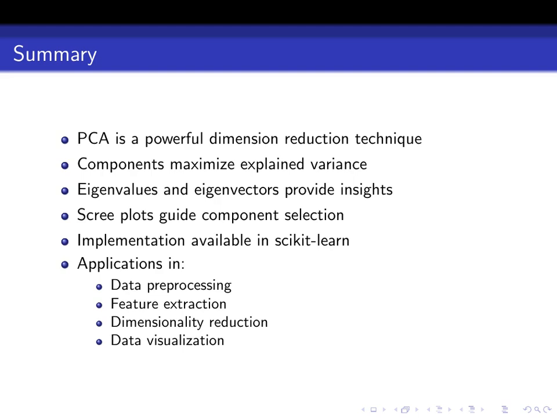Scree plots help us make informed decisions about component selection, and tools like scikit-learn make implementation straightforward. PCA has wide-ranging applications in data preprocessing, feature extraction, dimensionality reduction, and data visualization.